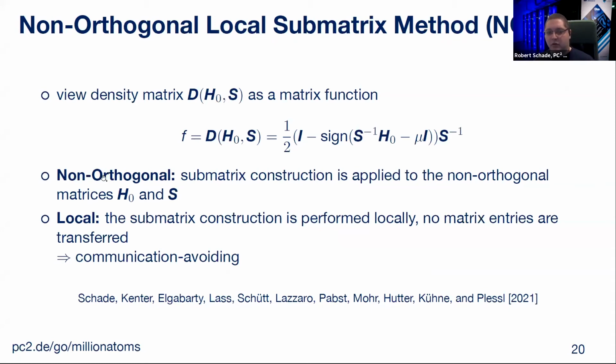That makes it a non-orthogonal submatrix method, because it acts on the non-orthogonalized matrices H0 and S directly. We also call it local, because the submatrix construction is performed locally on the GPUs, and we don't have to transfer any matrix elements between host and GPU.